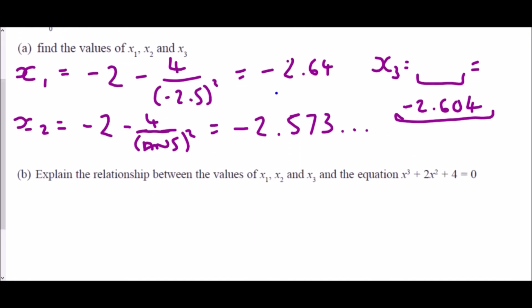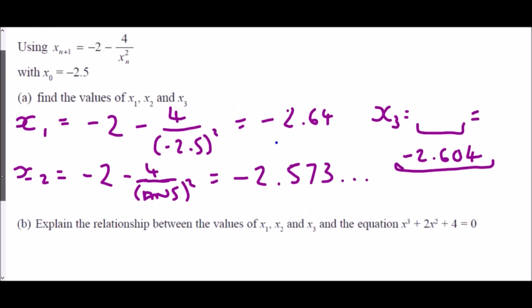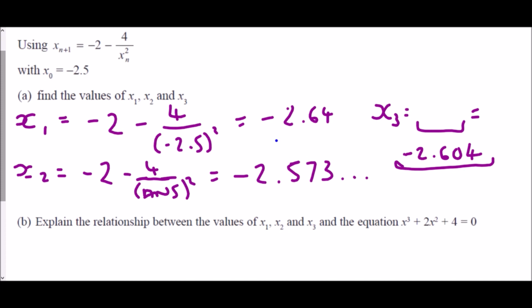Part B. Explain the relationship between the values x1, x2 and x3 and the equation x cubed plus 2x squared plus 4 equals 0. Now, in this case, if we have a look back here, we just need to have a look at what this equation looks like. And does it have any resemblance to the formula we've used up here?